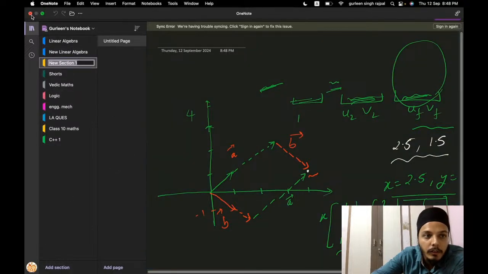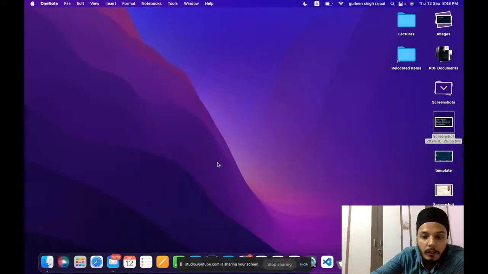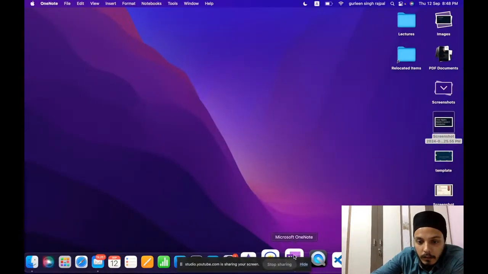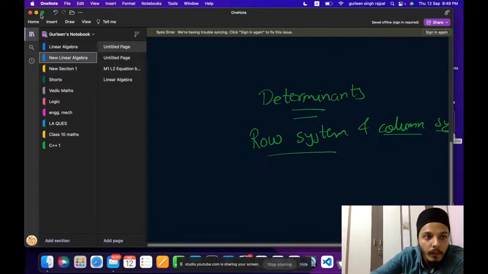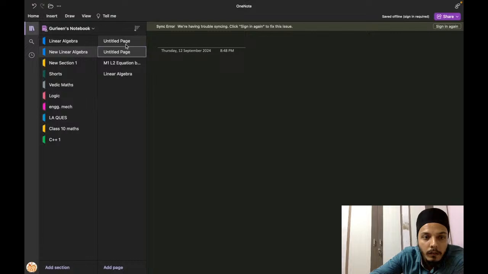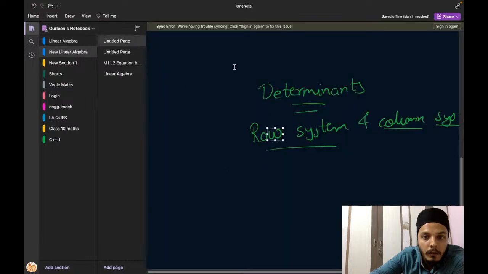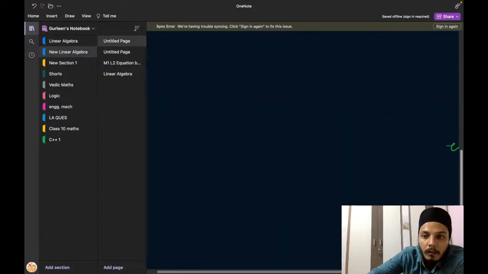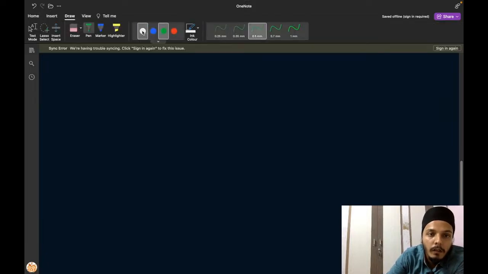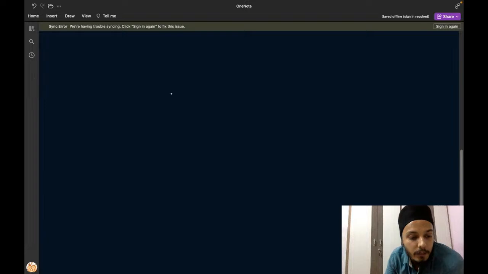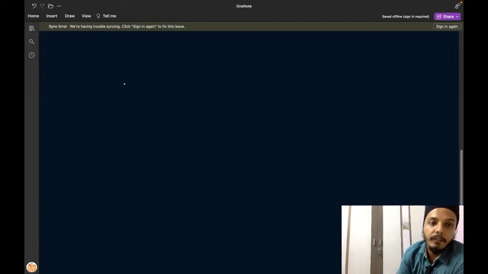In our first lecture, we solved two equations, first using Gaussian elimination.